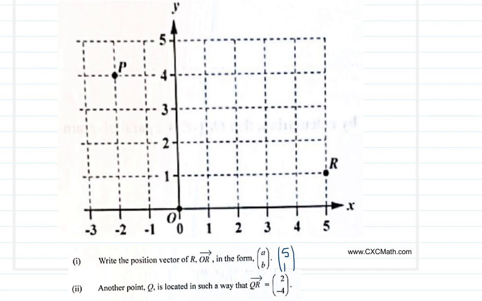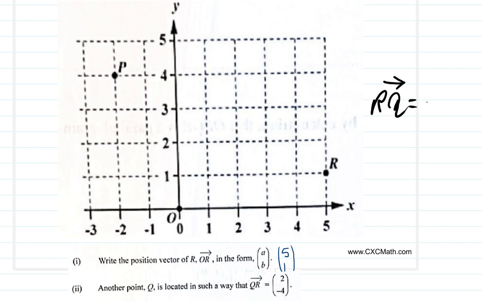But here, we don't know where Q is. So let's not try to go from Q to R, because we don't know where Q is, so we don't know our starting point. However, suppose we move from R to Q and we find RQ.